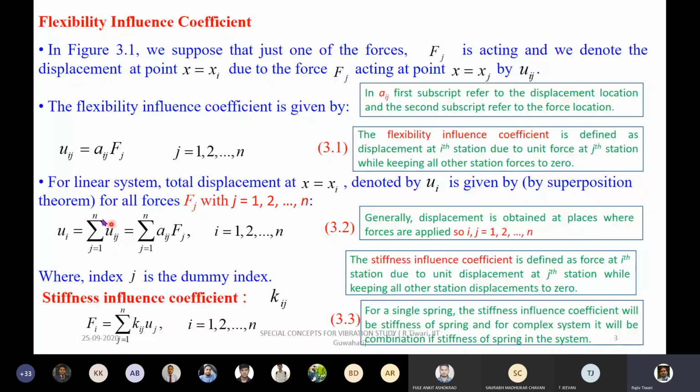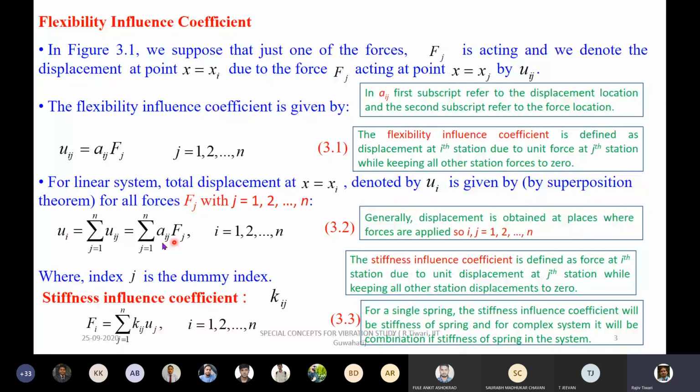And uij we have defined like this. So if you substitute this here, the total displacement at the ith location will be given by the summation from j equal to 1 to n of aij into Fj. So this is the relationship we got for the displacement at one location because of forces at other locations.